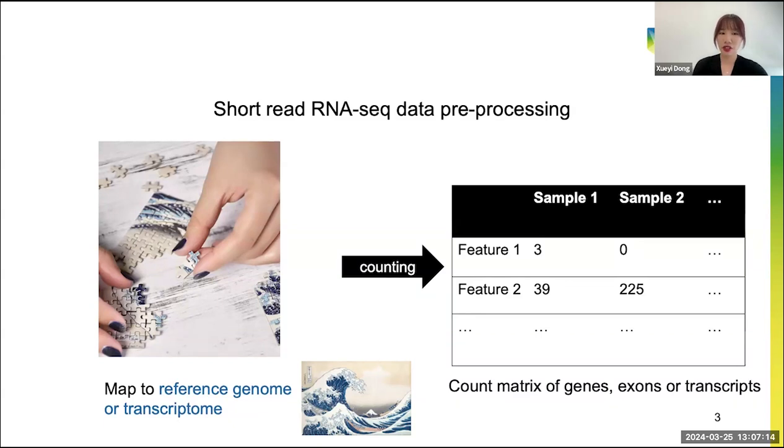And after that, we can get a count matrix where we can know the expression of the genomic features in each sample. By having this table, we can compare the expression level of the genomic features between different samples under different treatments or other experimental groups. So we can know which genes or transcripts are turned on or off in different groups.